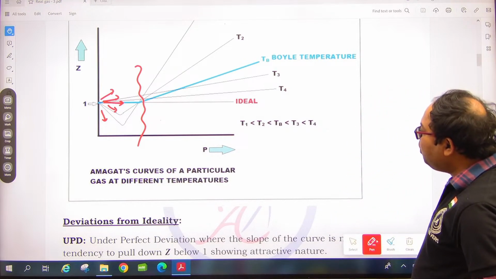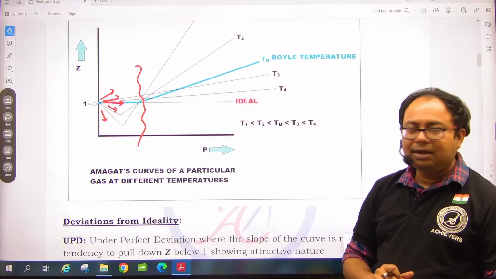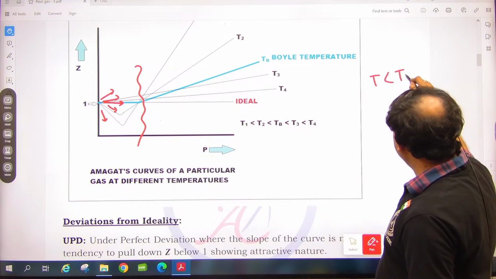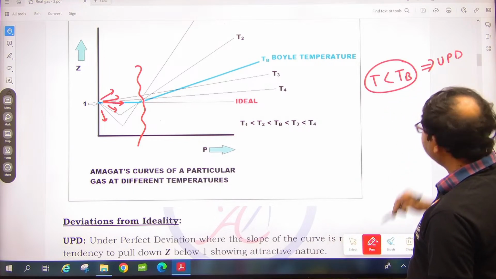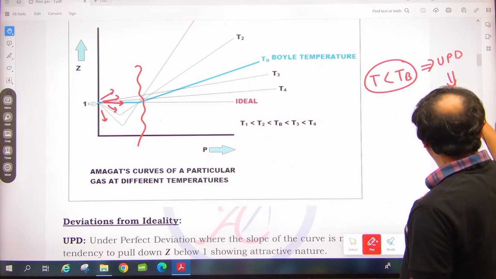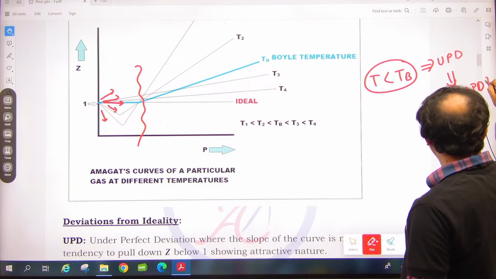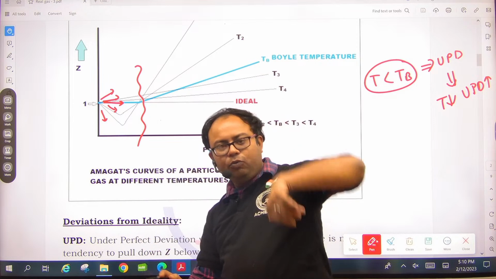So in the low pressure region, you have got 3 layers. At T less than TB, what do you find? You find UPD. And you see, as you lower the temperature, the extent of UPD increases.